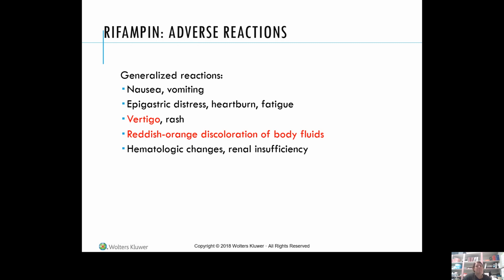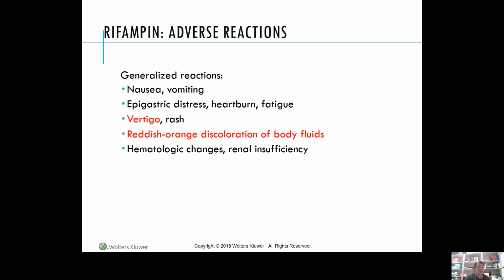All right, and then rifampin, some of the biggies that you need to write down, keep in mind. Reddish orange discoloration of body fluids is definitely going to be seen with rifampin, and people are not nearly as alarmed if you give them a heads up. Your pee is going to turn orange, than if they go to the restroom and they're like, oh my gosh, what's happening?